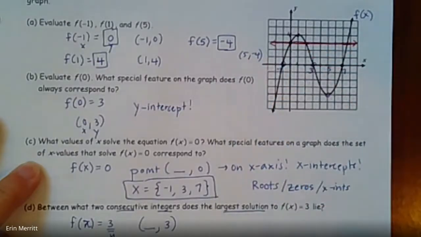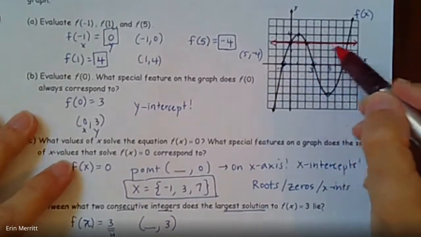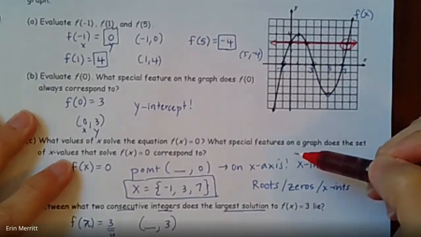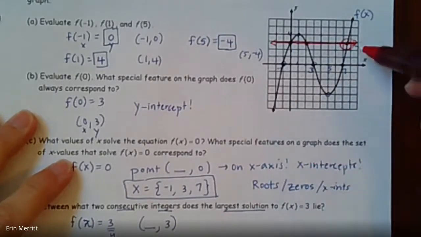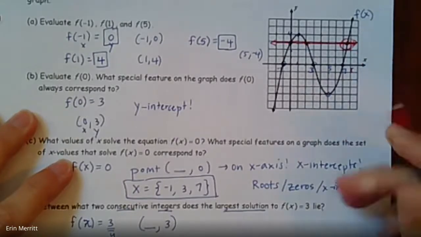When it says which one is the largest solution, well, the x values get bigger as we head further to the right. So if there's 1, 2, 3 solutions, this one would be the largest because it's furthest to the right. You can tell it's not crossing at an exact integer value, but it should be between 7 and 8 that the solution lies.